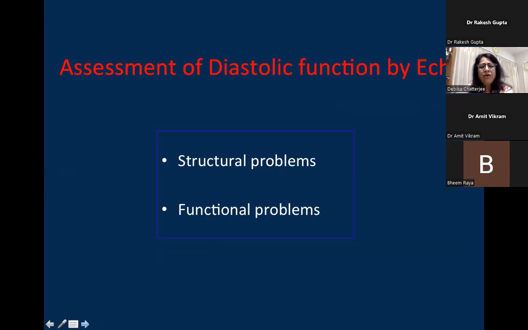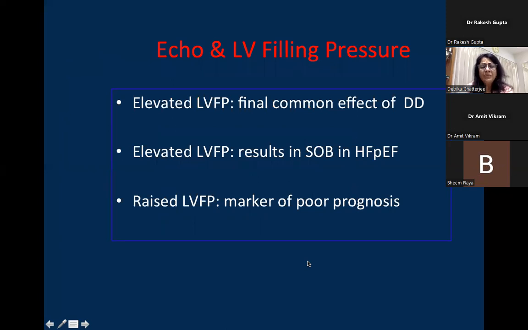Now the answer to all these questions can be obtained by assessment of diastolic function by echocardiography, because echocardiography gives us an idea not only about the structural problems of the heart which give rise to the diastolic dysfunction, but it also gives us a very good idea about the functional problem, specifically the LV filling pressure, because it is the elevated LV filling pressure which is the final common effect of diastolic dysfunction.